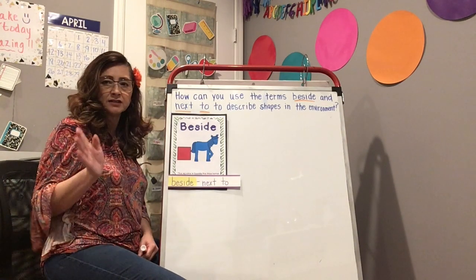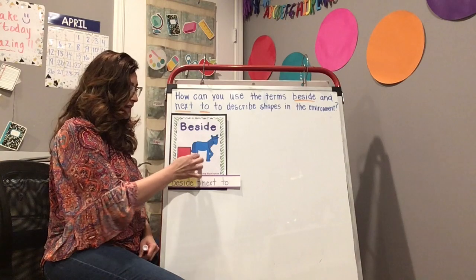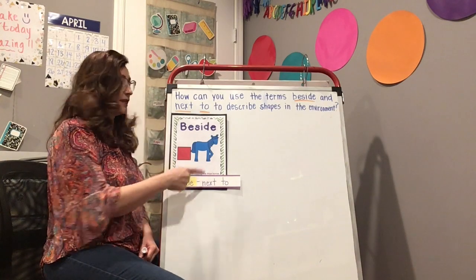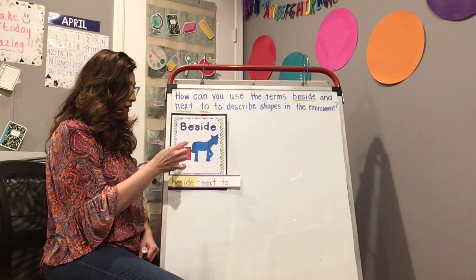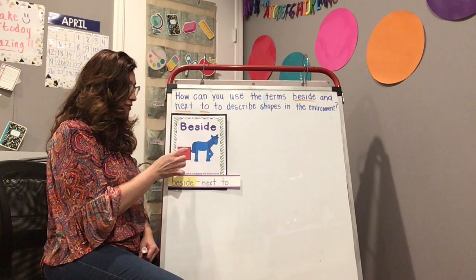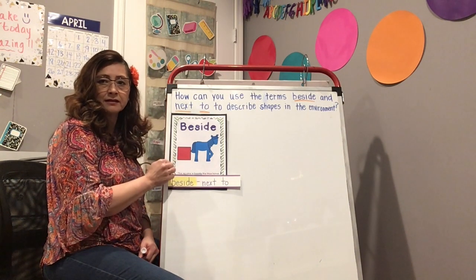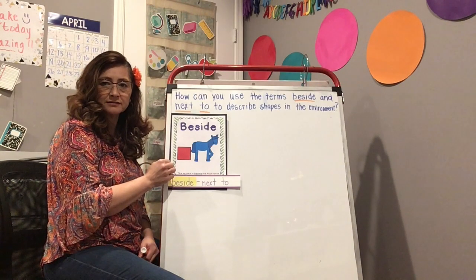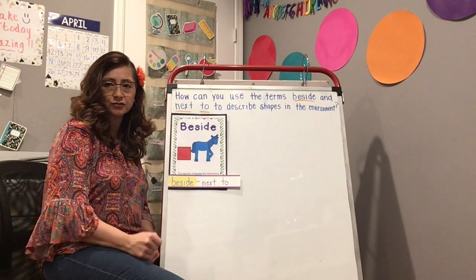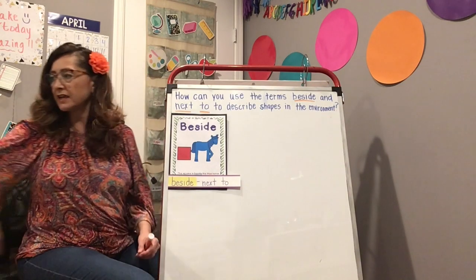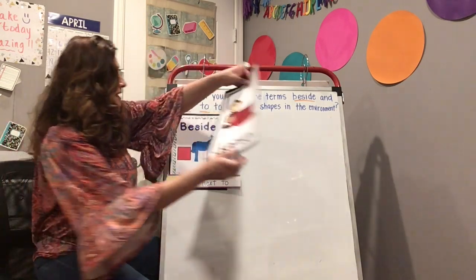Next to means just on the side, next to. We can also say that the blue horse is next to the red square, right? Why can we say that? That's right, because they are beside each other. They are next to each other. Very good.